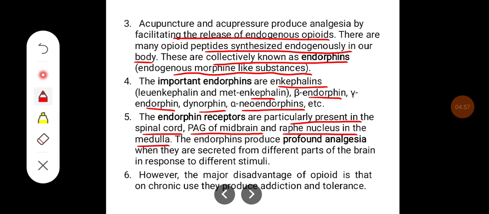The endorphins produce profound analgesia when they are secreted from different parts of the brain in response to different stimuli. However, the major disadvantage of opioids is that on chronic use they produce addiction and tolerance.